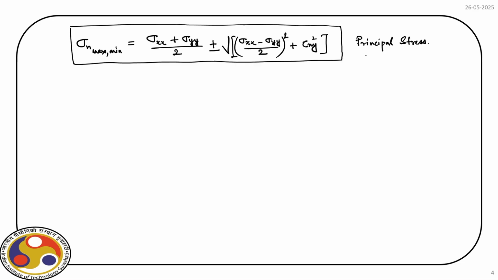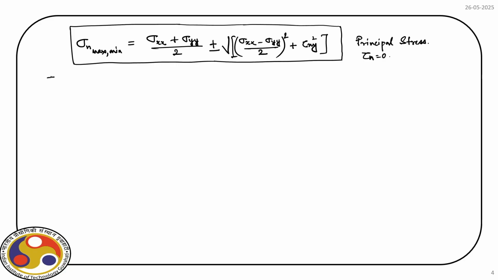Recall, on this plane tau n is equal to 0, right. So, we have the expression for maximum value and the minimum value of the principal stress. So, positive for larger value and negative for smaller value, and these two are 90 degree apart.